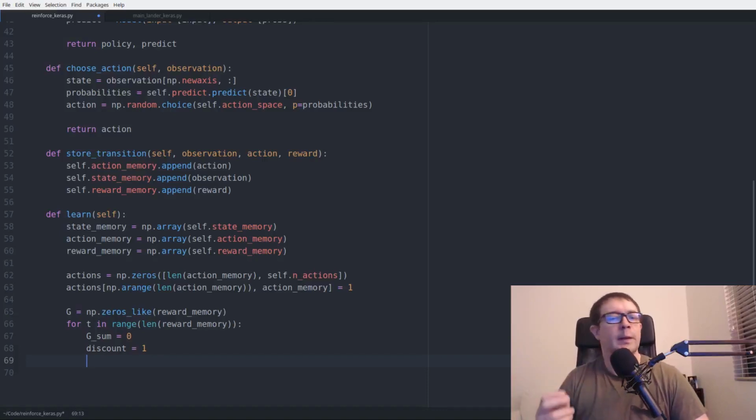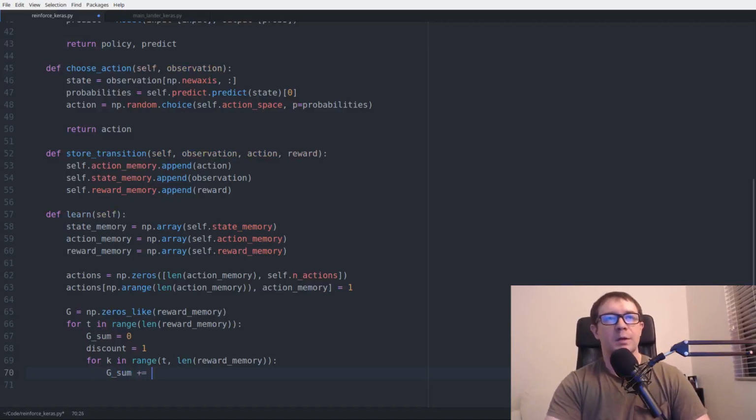And in general, those probabilities will always be finite. They won't necessarily go to 0. So that is accounted for by the discount factor. For k in range t, len of reward memory. So this will start at the t-th time step and go all the way to the end of the episode.